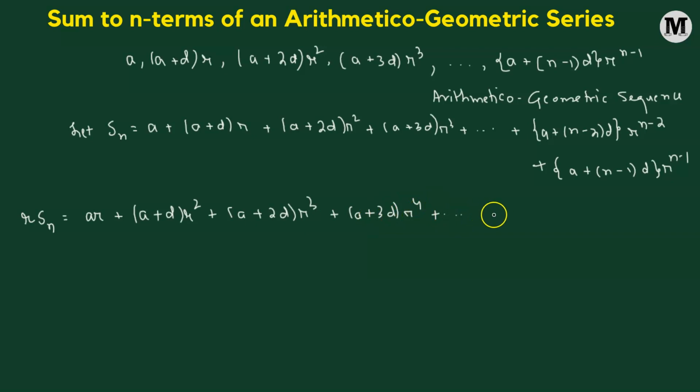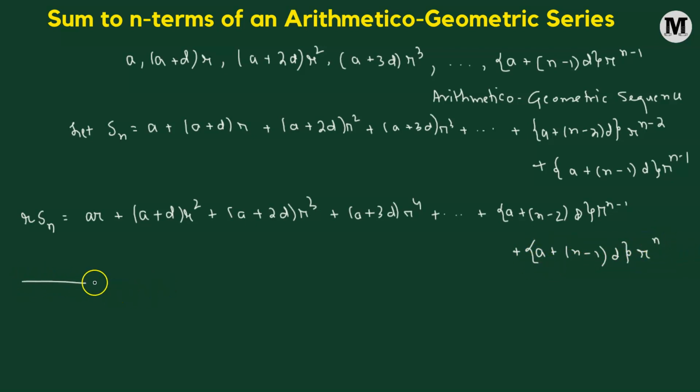So this goes on. Then we have the second last term, (a plus (n minus 2) times d), which gets multiplied by r raised to the power of n minus 2. But since we are multiplying r to it, we have r raised to the power of n minus 1, added to (a plus (n minus 1) times d) multiplied by r raised to the power of n.